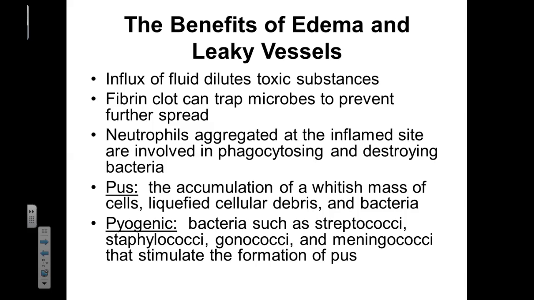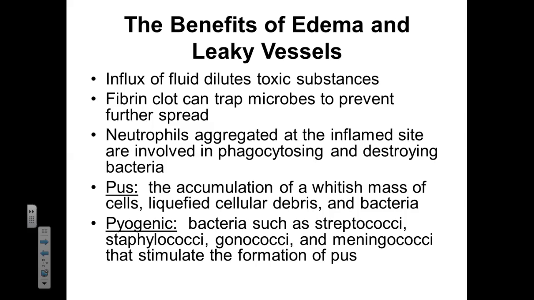Some of the benefits of edema and leaky vessels include an influx of fluids to the extracellular environment. This influx of fluids during the inflammatory response helps to locally dilute toxic chemicals that may cause cell death. We're also going to have a fibrin clot form, and this fibrin clot is a specific mesh of proteins that helps to keep microbes from spreading further throughout the body.